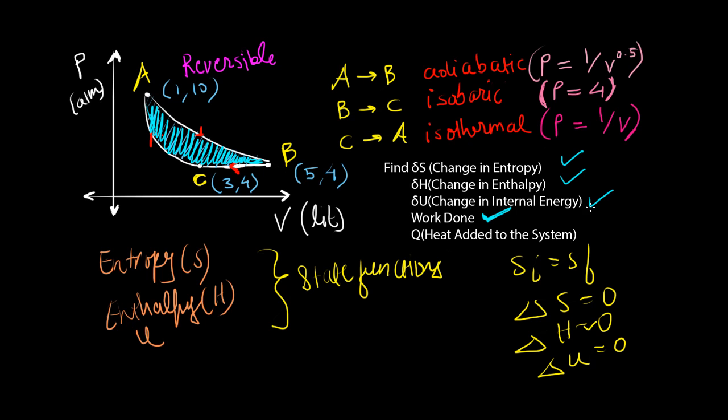The first part was for the intuition that these three are state functions, so it's a problem based on that. And these two involve a bit more mathematics and calculus. So I'll do that in the next video.